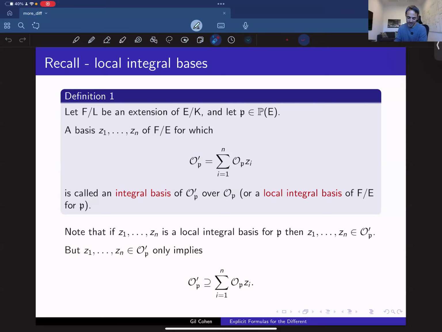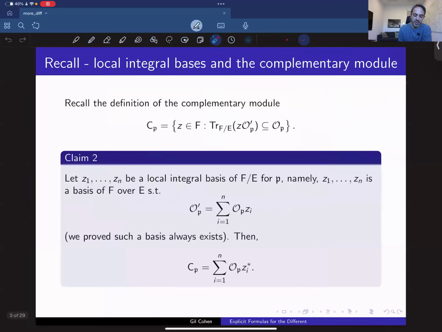But knowing that z_1 up to z_n are integral over P, it doesn't mean you have this equality. It only means that the right-hand side is a subset of the left-hand side, right? So any O_P combination of the z_i's, which are O'_P elements, is certainly in O'_P, but it doesn't necessarily mean that every element which is integral can be written like that, okay?